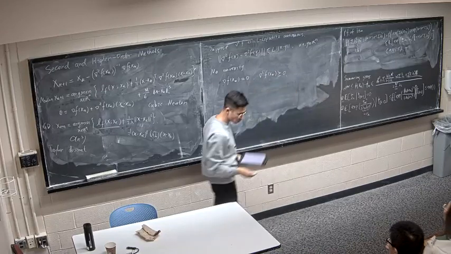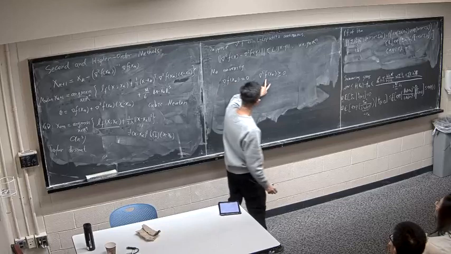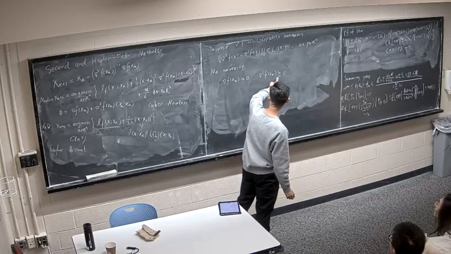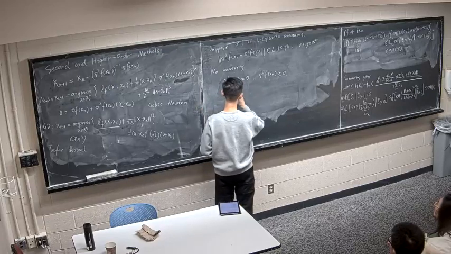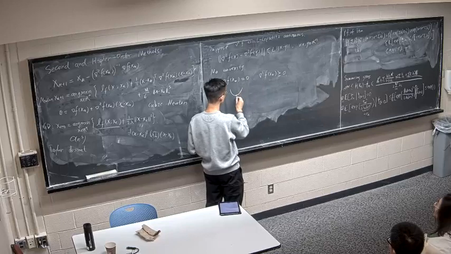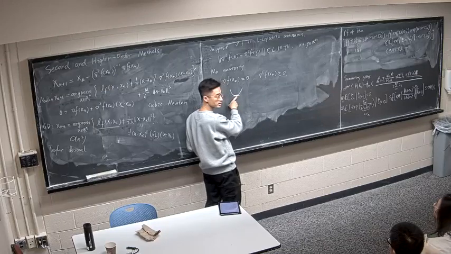If you also require the Hessian at this point to be positive semi-definite, then this is a local minimum, right? Because at this point locally it's convex, and also you achieve stationarity. So this is a local minimum.